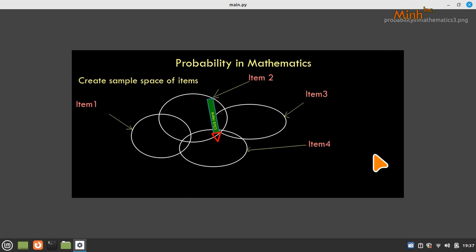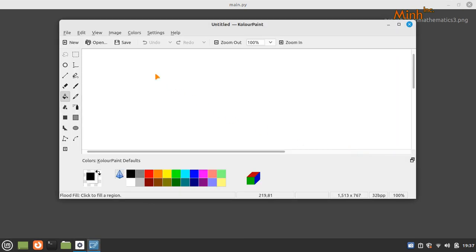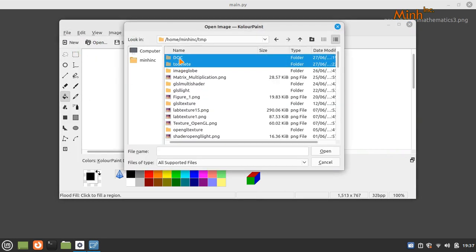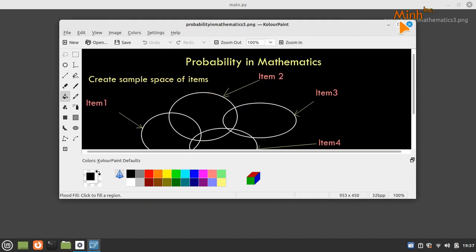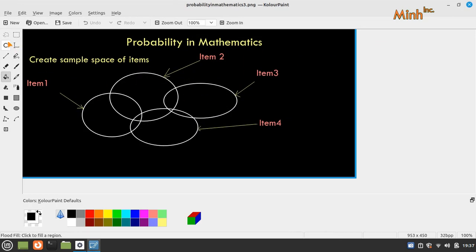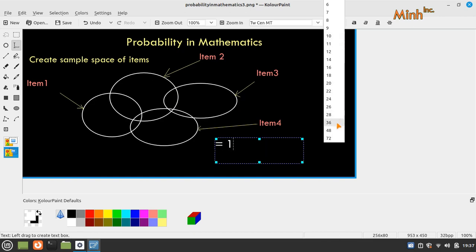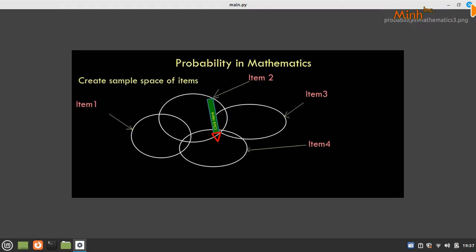So the idea is that adding all 4 should become 1. Okay, so that is the idea.